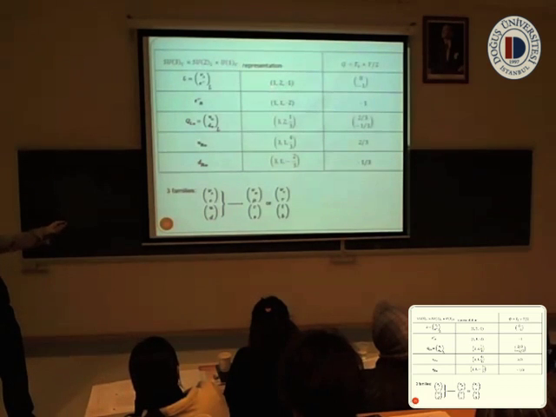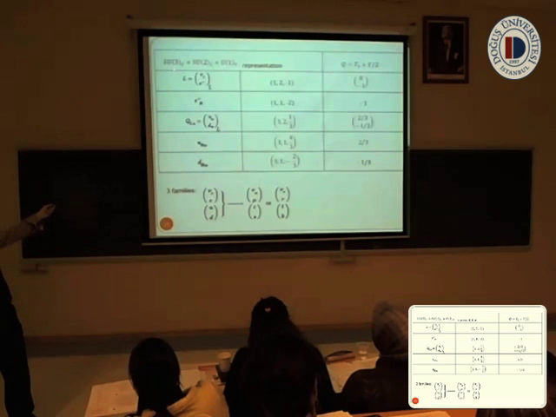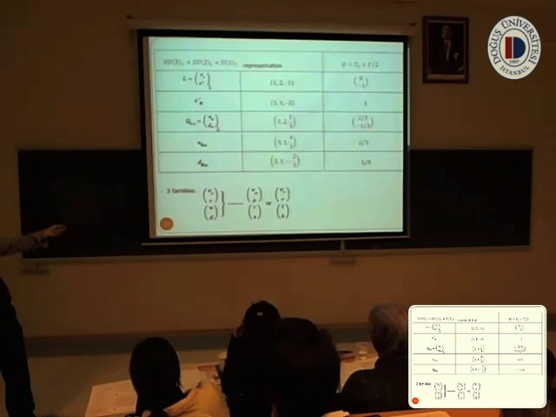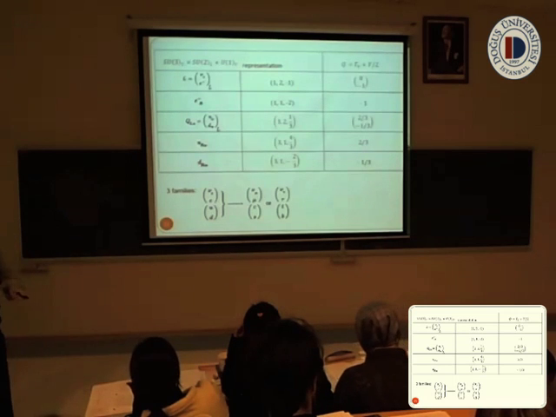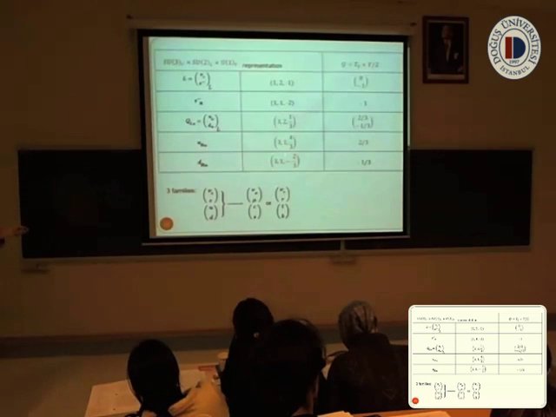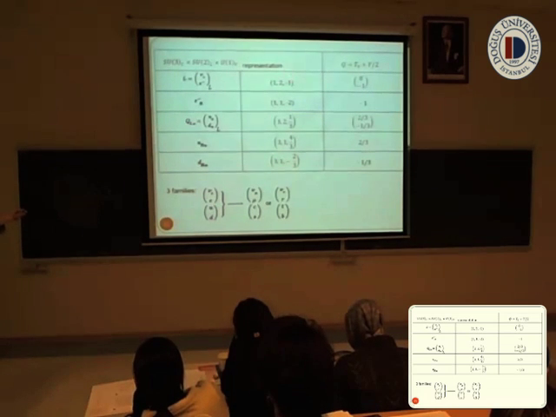The first one refers to SU3. So 1 means it's a color singlet, 3 means it's a color triplet. The second one refers to SU2. When you see 2, it means SU2 doublet. When you see 1, it means singlet, doesn't feel the SU2 left interaction. And this last part is the hypercharge.